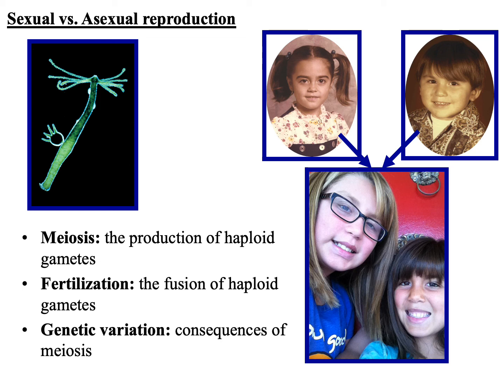When they come together, they form an individual single cell that is in the diploid state, and then that individual continues to divide and produce the offspring. So with sexual reproduction, what we have is the fusion of haploid gametes, and the consequence of that is genetic variation, in that you are mixing genetic material to produce distinct individuals genetically.